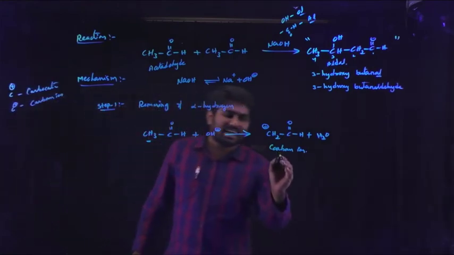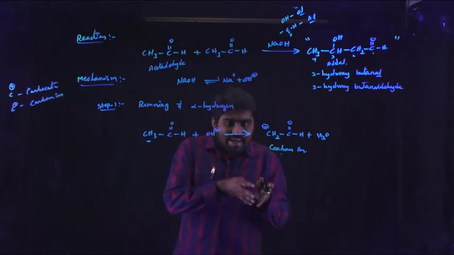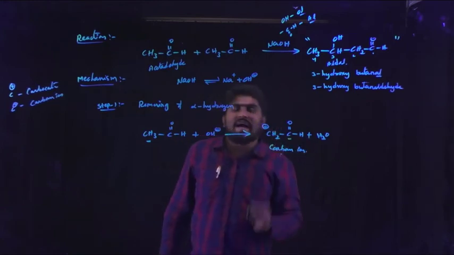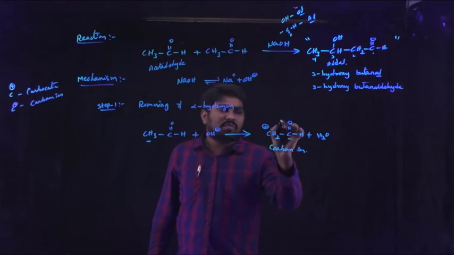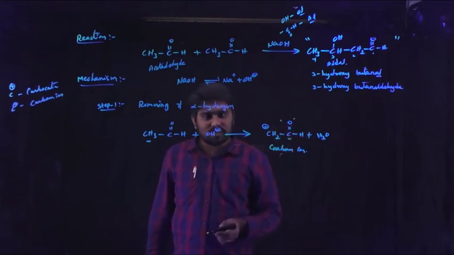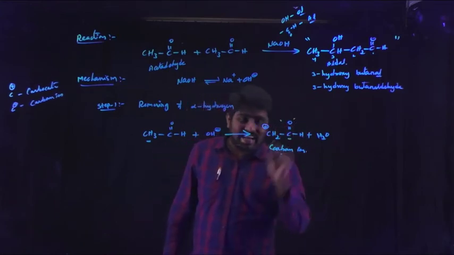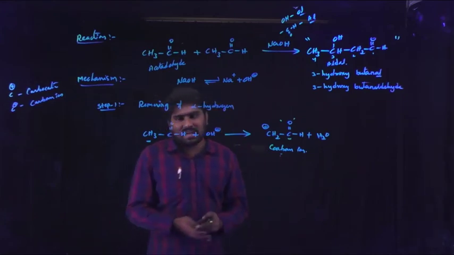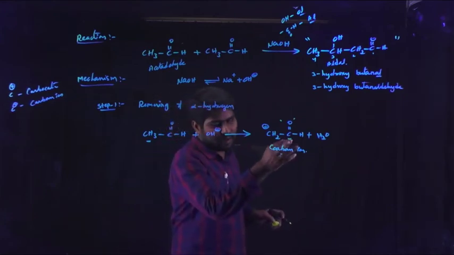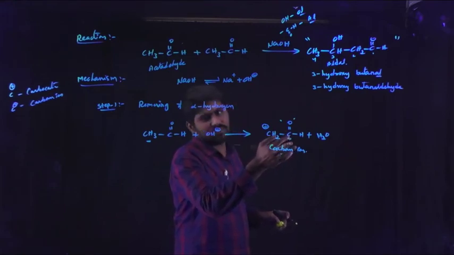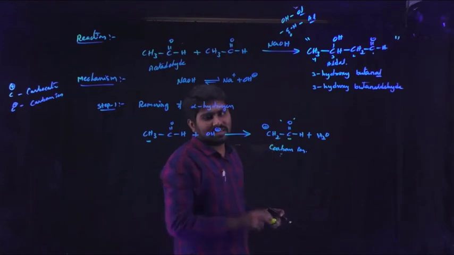This carbanion is stabilized by the electronegative C double bond O group, which acts as an electron withdrawing group and can easily stabilize it.